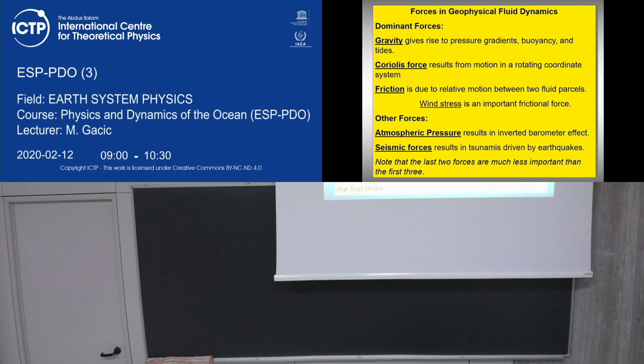Then we have other forces. The atmospheric pressure presses the sea and results in what we call the inverted barometer effect. That means that the higher the atmospheric pressure, the lower the sea level, and for each decibar of atmospheric pressure increase, the sea level decreases by 1 millimeter more or less.